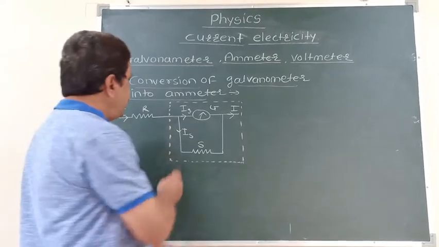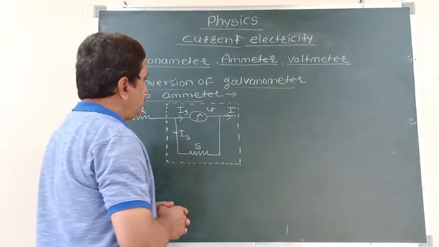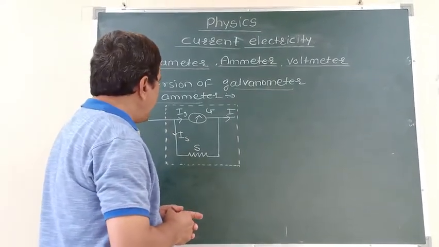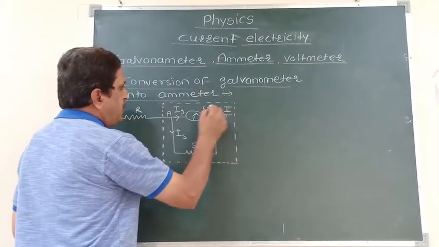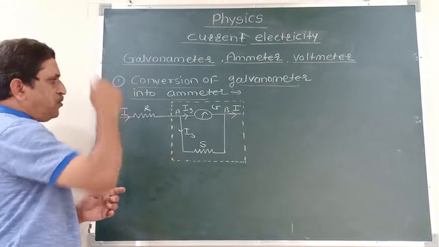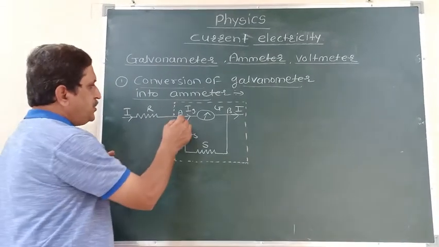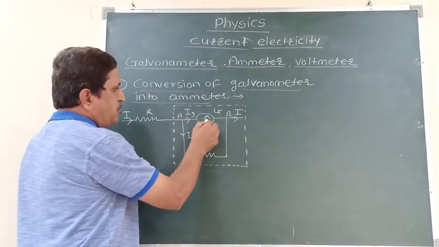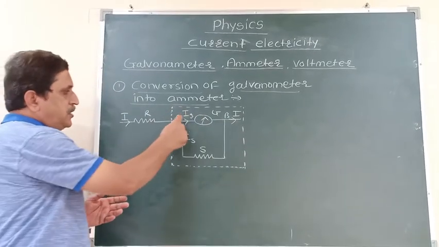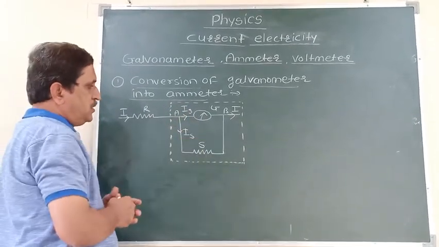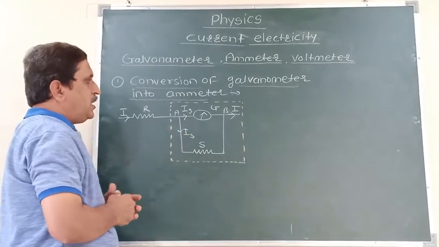Now, by using the basic concept of electrical network, we can write, suppose this one is the point A, this one is the point B, I is the total current which is flowing through the circuit. Now at this junction, some current flows through the galvanometer, that is represented by letter Ig, and some current flows through the shunt, that is represented by letter Is.